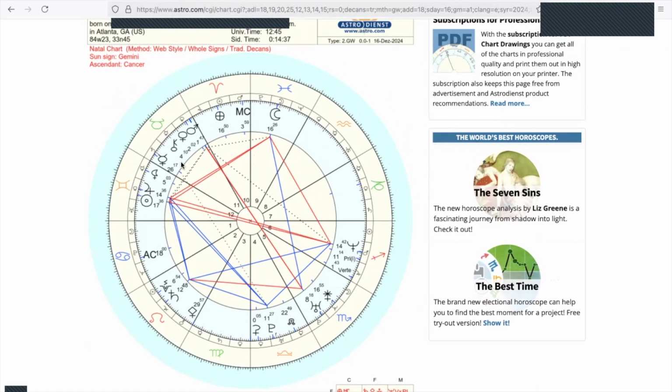So remember, the planets are your inner life forces. Those inner life forces are applied to the areas of your life. The houses make up the areas of your life, and the planets are the inner life forces of your personality that show themselves in those areas.